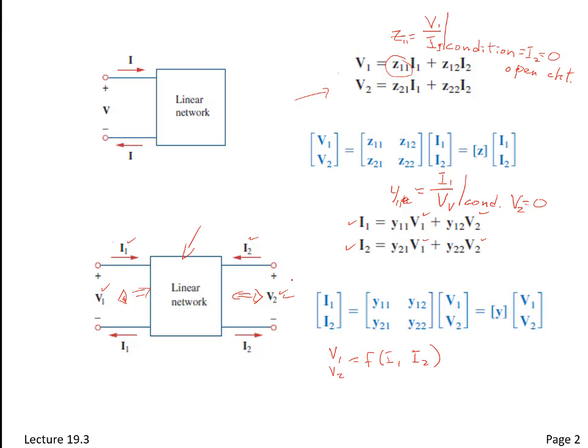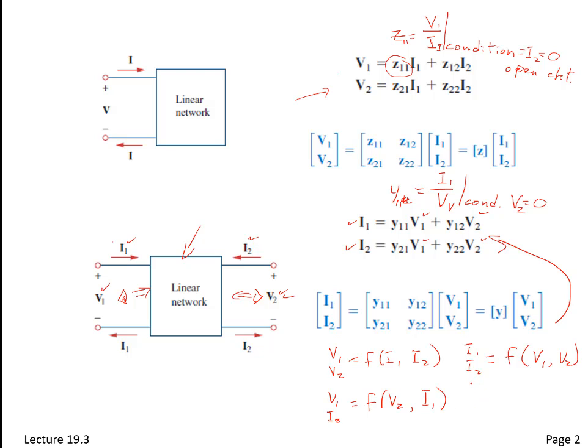We can have I1 and I2 as functions of V1 and V2, right? We did that right here. Now, what's to prevent us from saying something else, like I want V1 and I2 as a function of whatever's remaining, V2 and say I1?